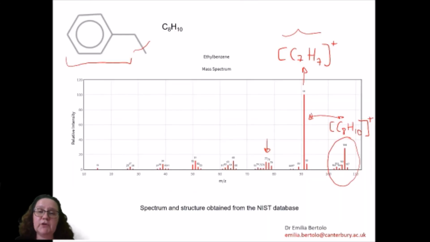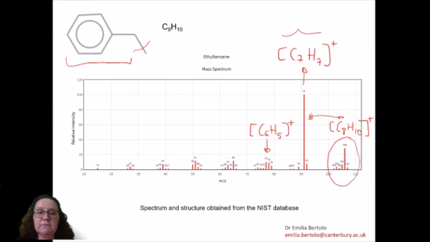So if I go back to my spectrum, I would be able to identify this peak as [C6H5]+, again with square brackets and a positive charge, because that's how you write ionic fragments for mass spectrometry.